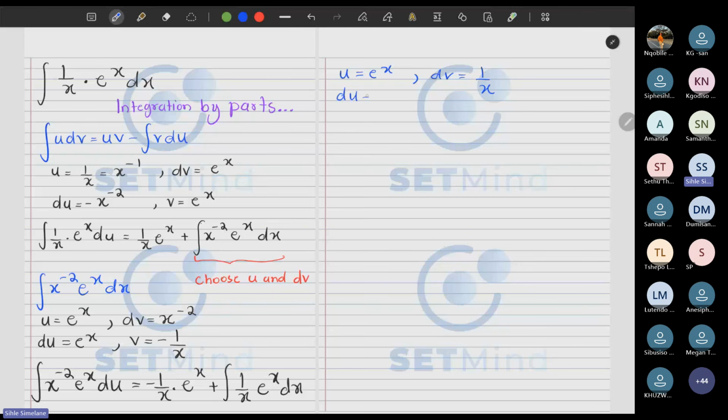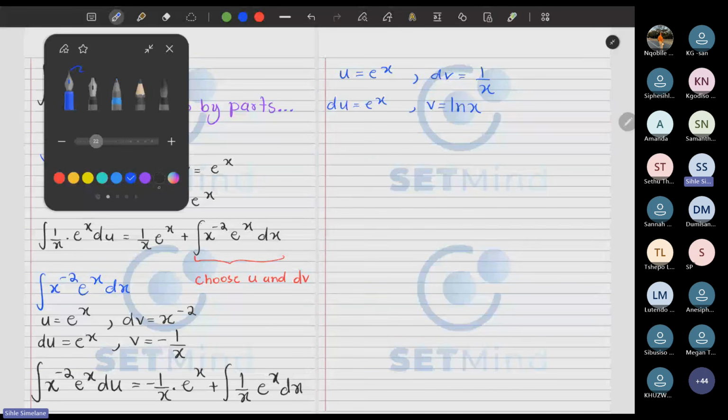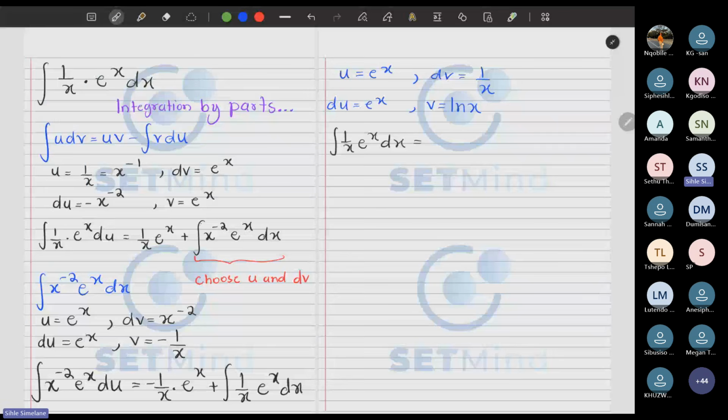And then this will become the integral of 1/x e to the x dx, u times v. This will be e to the x ln of x minus the integral of v du, so which means e to the x ln of x dx. Okay. And then you still need to deal with this.